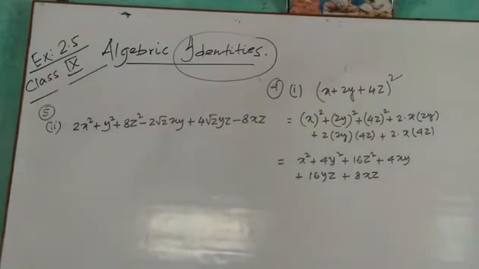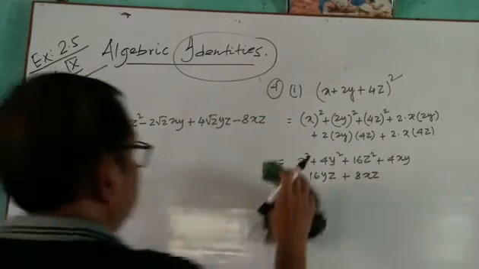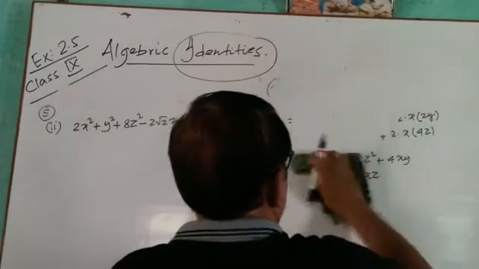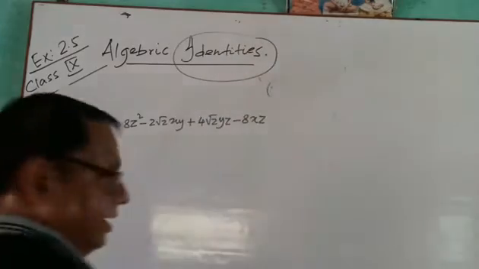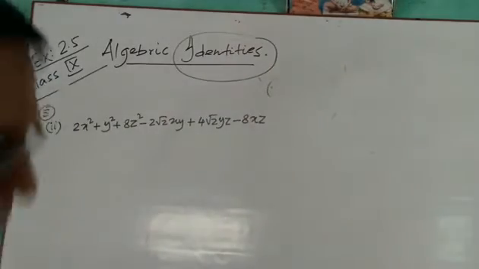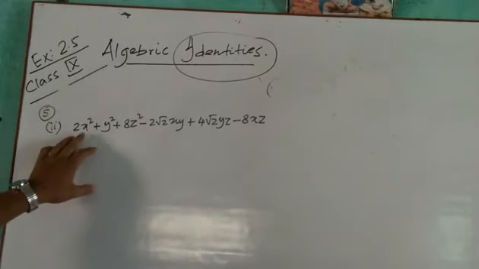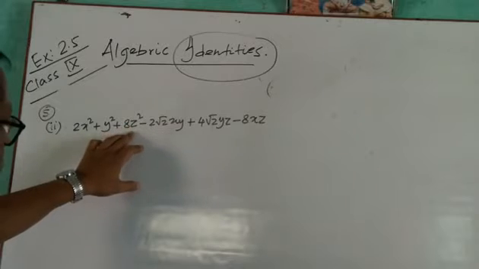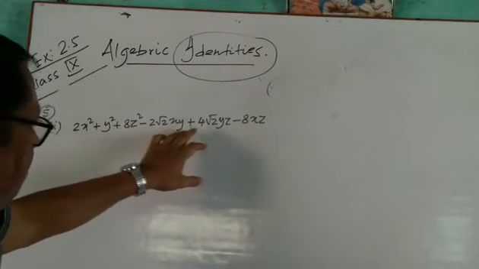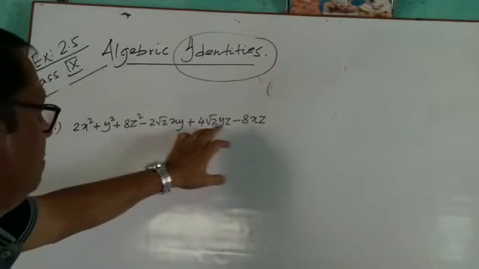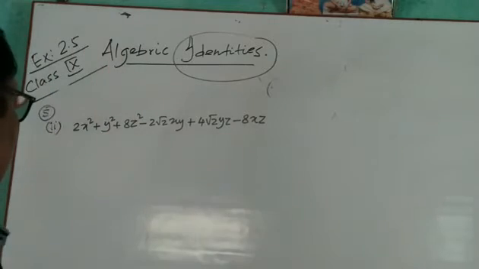This is the very question I have written on the board, and what you have to do? You have to factorize this. Now this formula is a square plus b square plus c square minus ab plus bc minus ac.